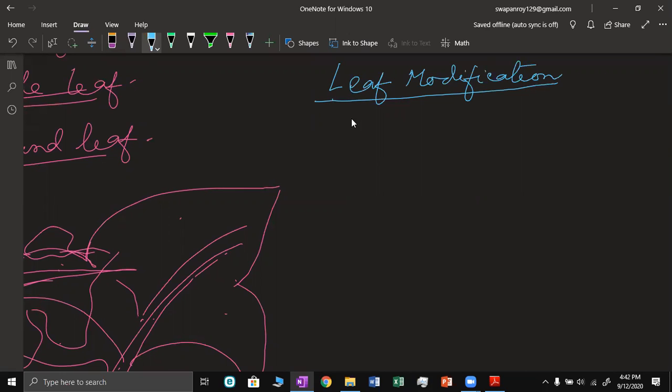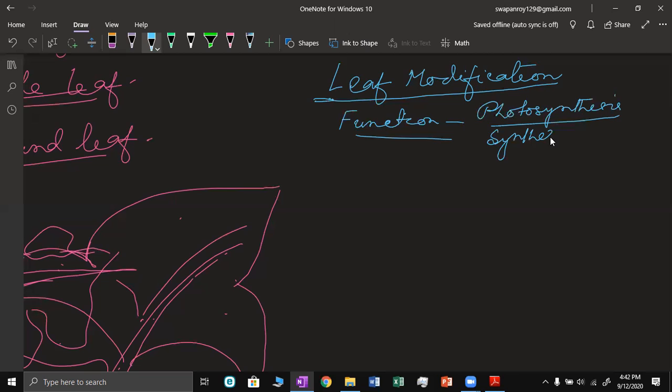Modification is to perform a special physiological function. The main function of leaf is to carry out photosynthesis, that is, it synthesizes food material.